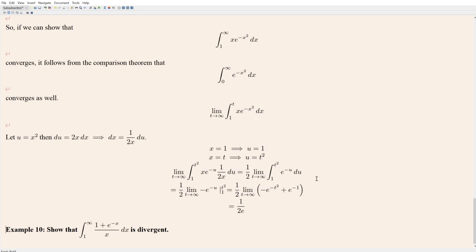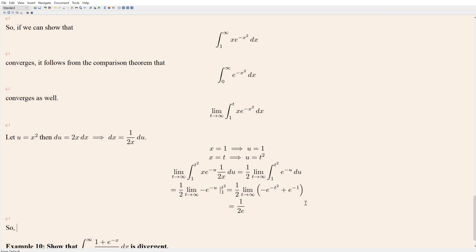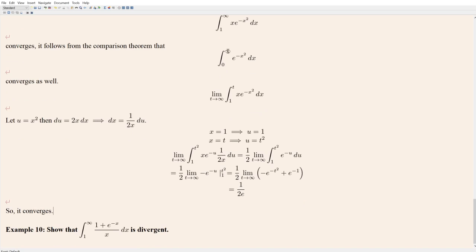Like so. So indeed, it converges. That's it. That's all we need to do. We have already established that if this converges, then the integral that we are interested in converges as well. So that's all there is to it.